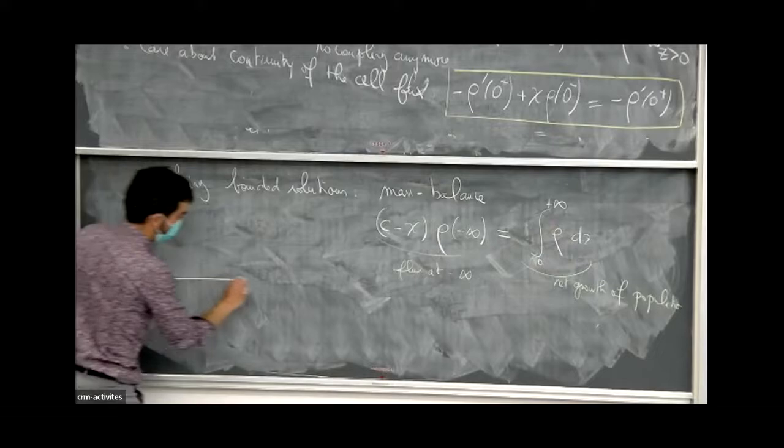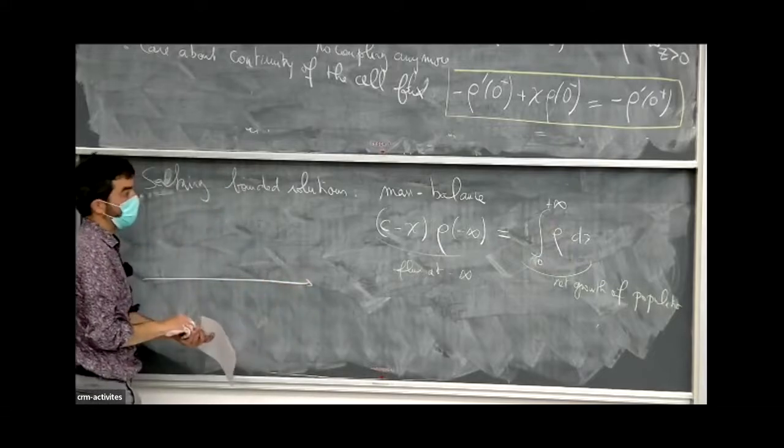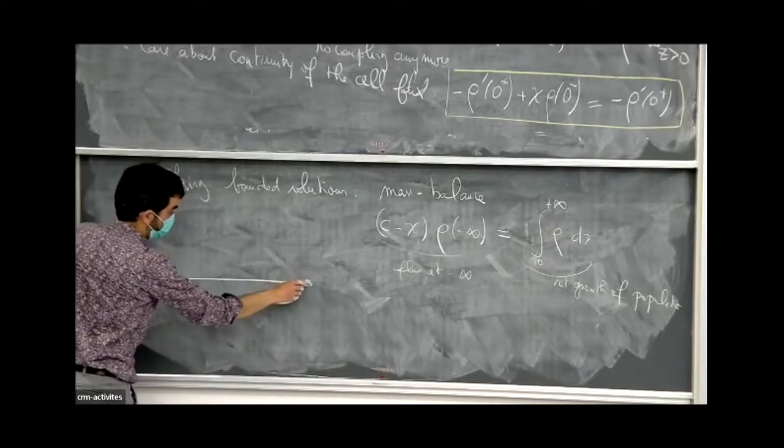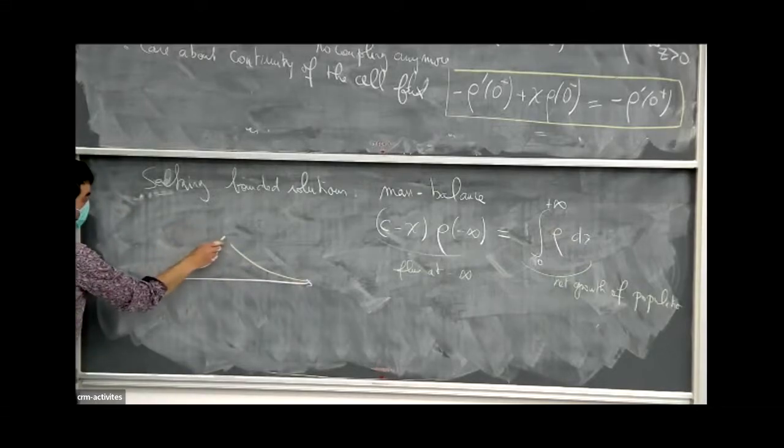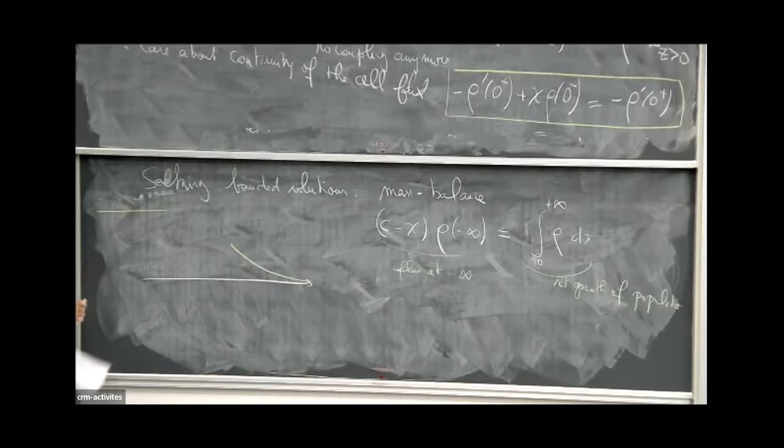And how you can visualize it is that your cell density will look like this. Let me be loose here. And then at minus infinity, you will be essentially flat. What is going on?